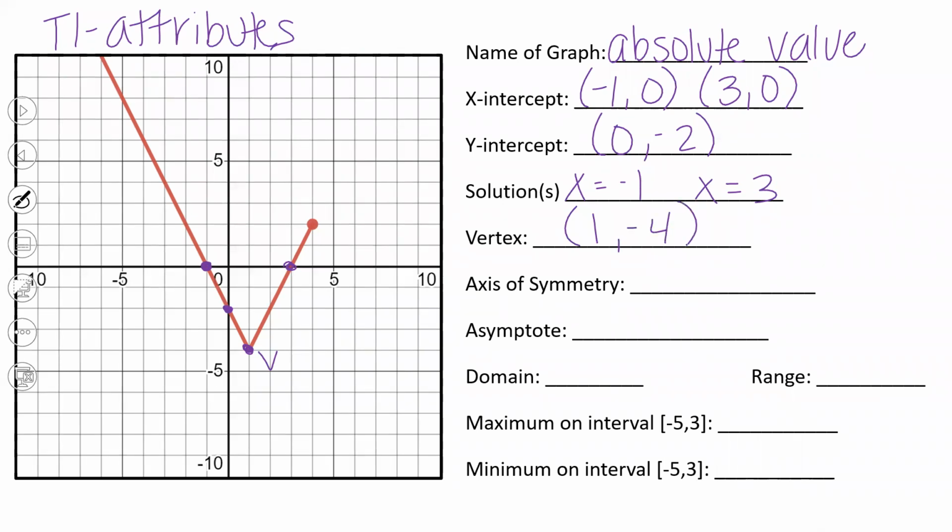My axis of symmetry. What does an axis of symmetry have to go through? Through the vertex. And you better be paying attention. You have to write it a specific way. So if I draw my line through my vertex, what axis did I cut in half?